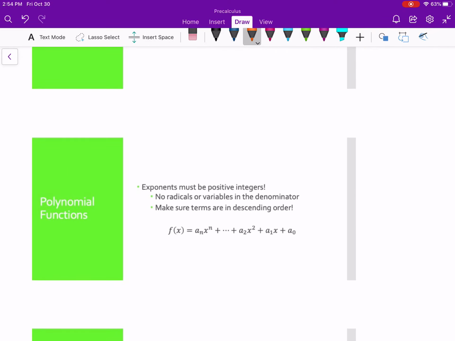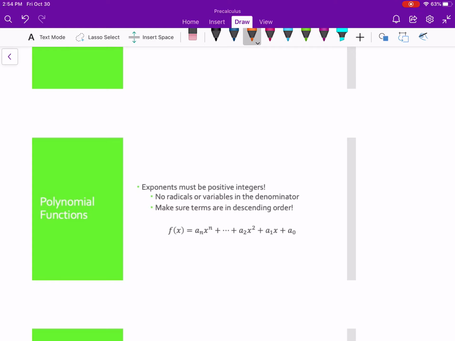Polynomial functions, we talked a little bit about polynomials back in Algebra 1. So they're functions. Exponents on variables must be positive integers. Remember, if we have a negative exponent, it puts it in the denominator, which we don't want. So we don't want any variables in the denominator.